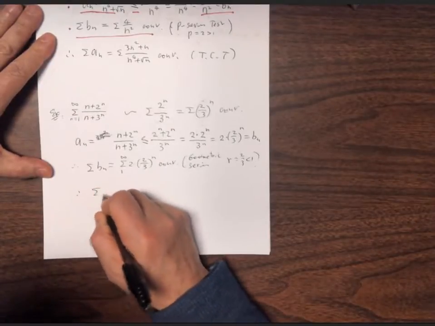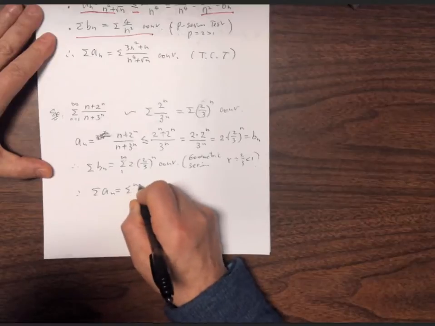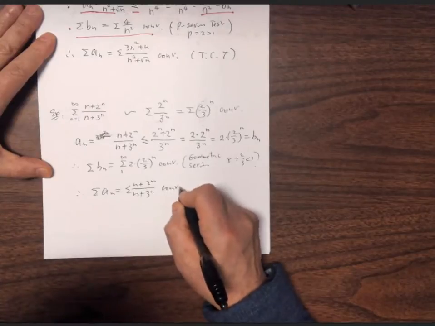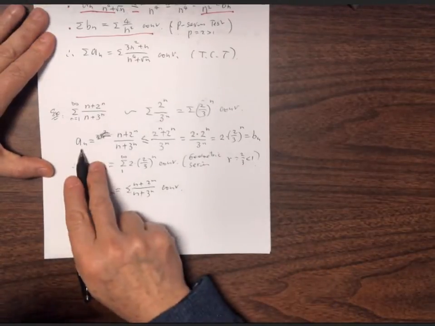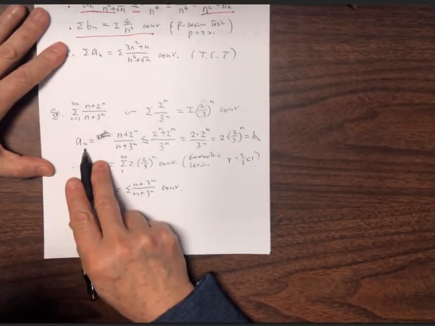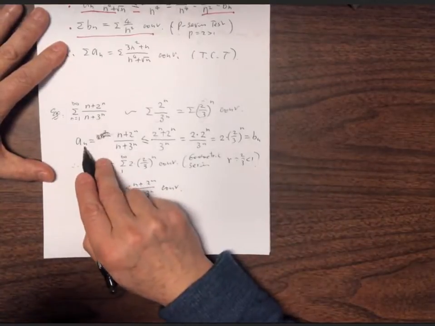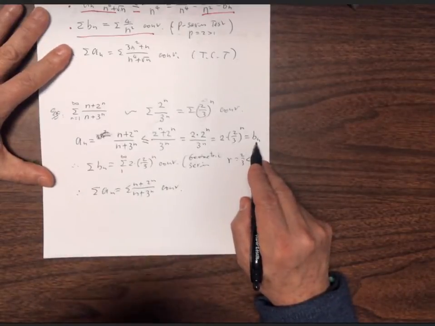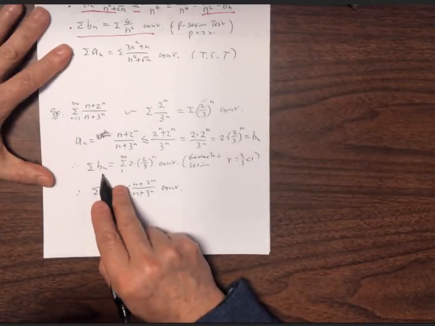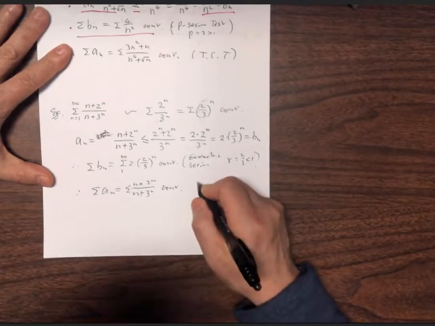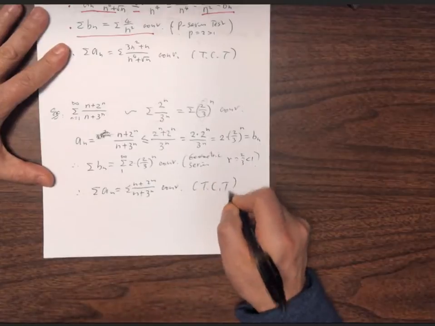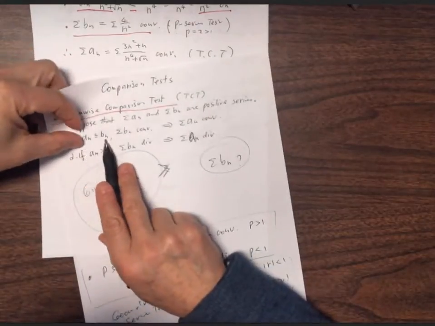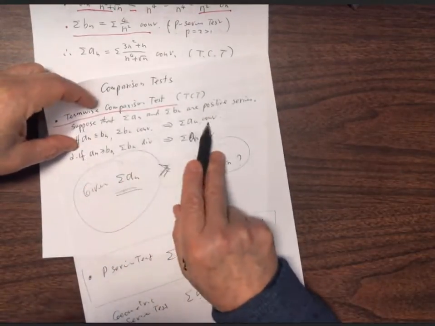Therefore, we conclude sigma An converges, because we showed that term-wise, each A sub n is less than or equal to each corresponding B sub n, and sigma Bn converges. This is our term-wise comparison test. Okay, two conditions are satisfied. Sigma An is less than sigma Bn, sigma Bn converges, so sigma An converges.